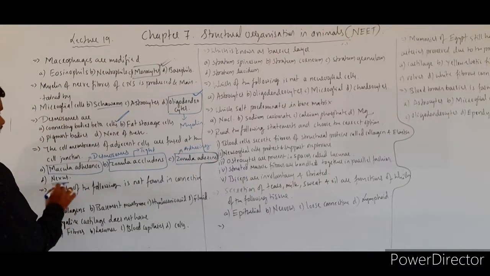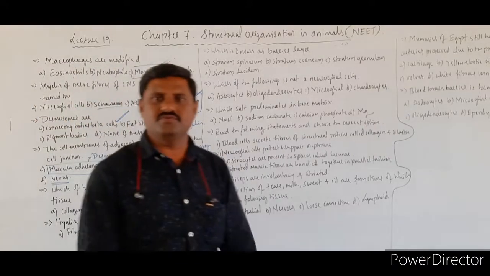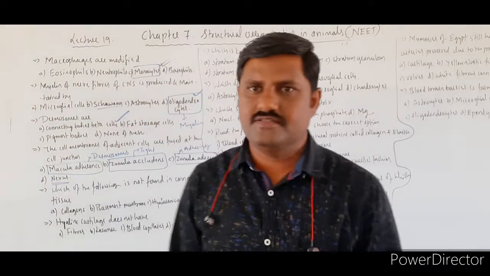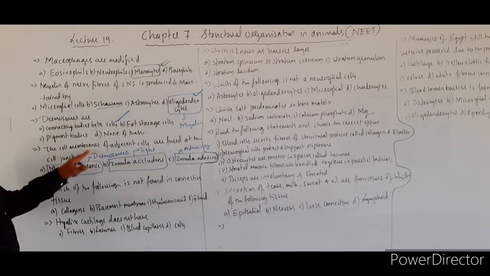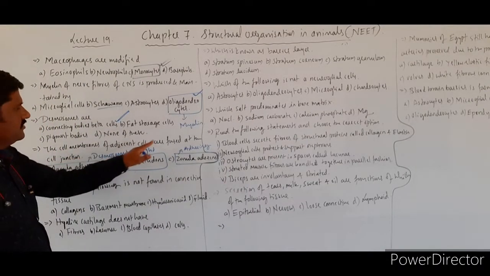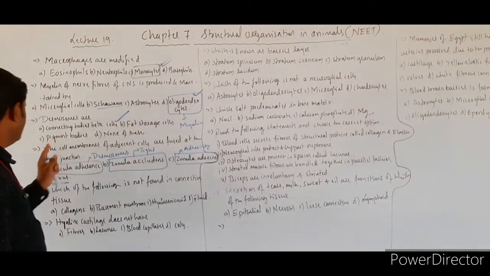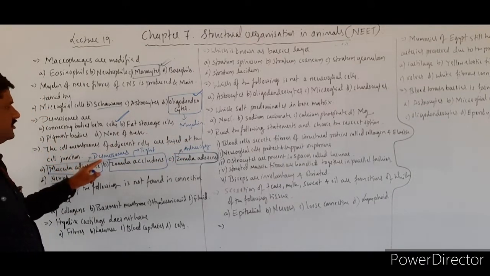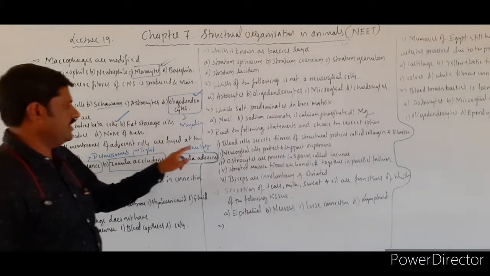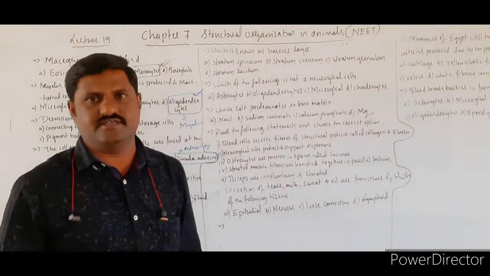And nexus is nothing but the connection between two adjacent cells, right? So the cell membranes of adjacent cells are fused at the cell junction. So that is desmosomes, tight as well as adhering junctions itself, right?